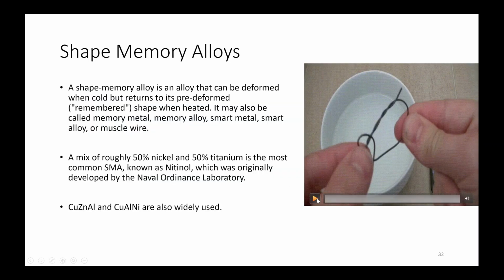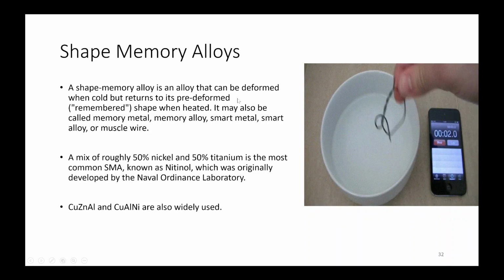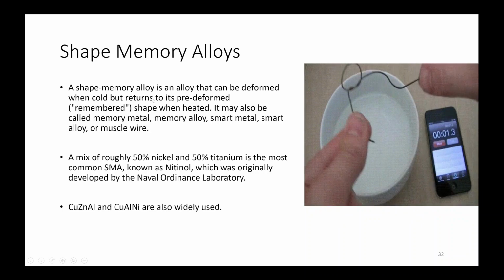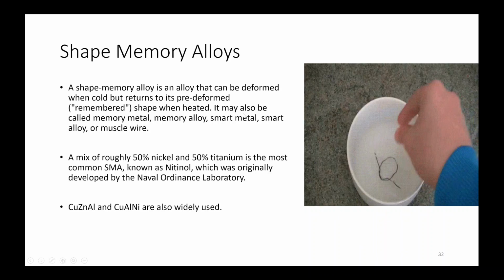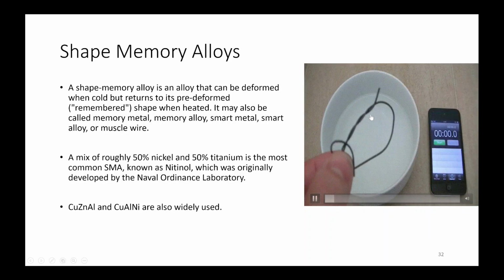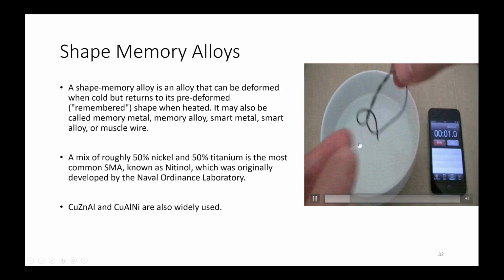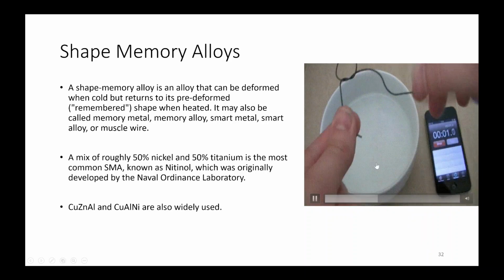Shape memory alloys. A shape memory alloy is an alloy that can be deformed when cold, but returns to its pre-deformed remembered shape when heated. It may also be called memory metal, memory alloy, smart metal, smart alloy, or muscle wire. Here we have deformed this wire, and it regains its original shape when it is dropped into hot water.